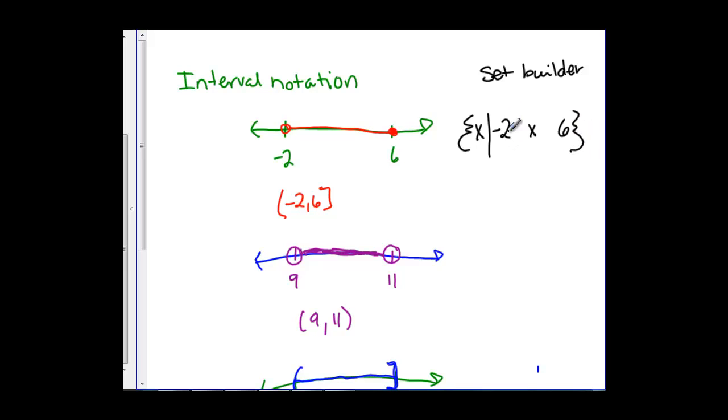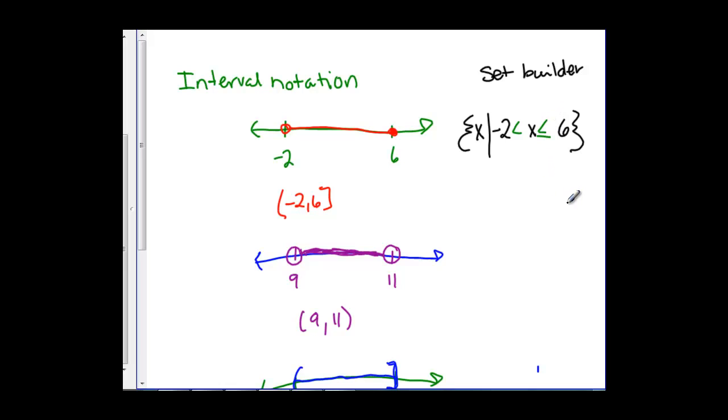What inequality sign goes between the -2 and the x? Less than. So these get a little tricky, right? So less than. All right, and then what goes between the x and the 6? Less than or equal. So they are a little bit tricky.